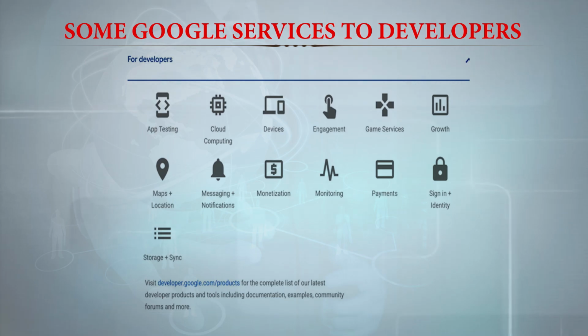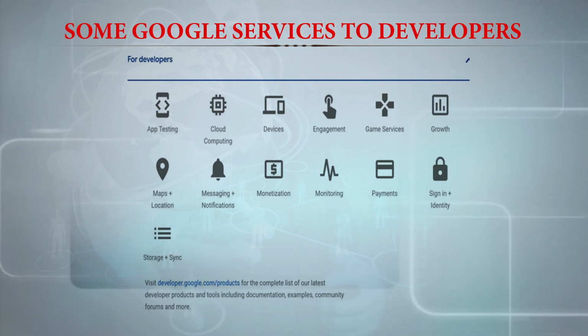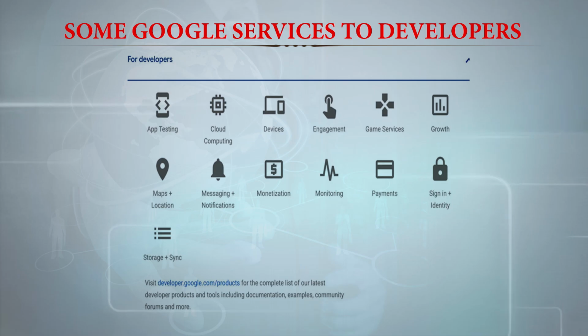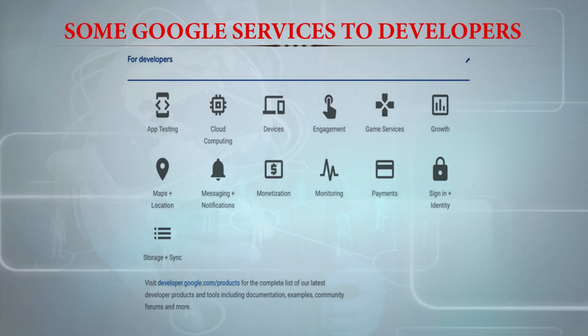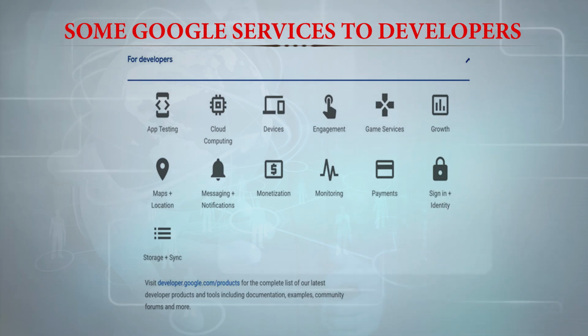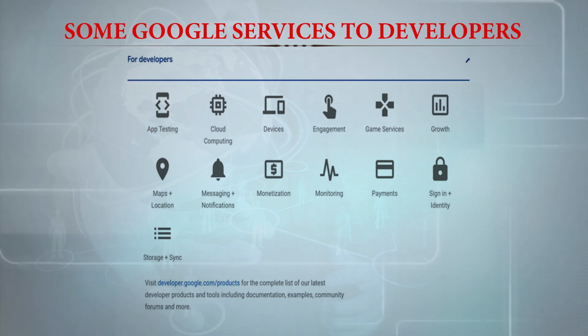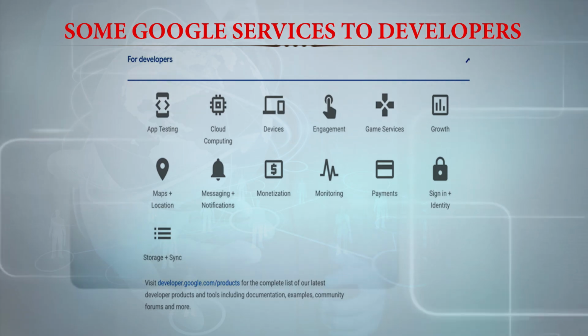Then Google Messenger is there. In fact, Google Hangouts is one which we will be using. Google Payments is available. Similarly, we have many things which are offered by Google in the form of products to various developers.